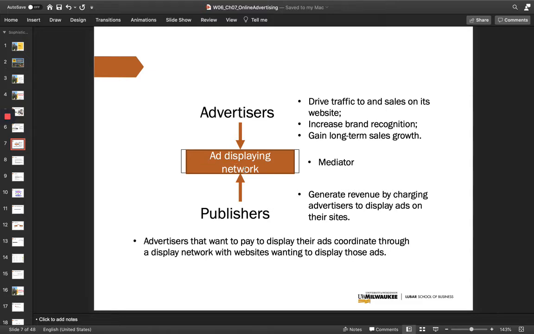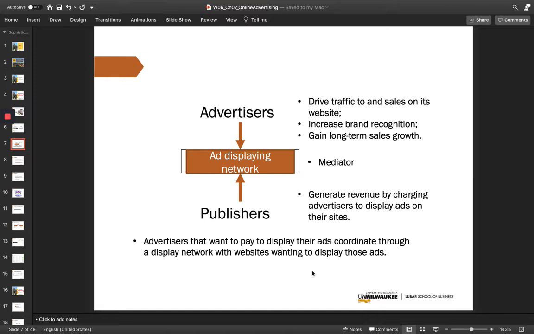Now, if we introduce the third party, the central party, the network, as a mediator to connect the advertisers and the publishers, we can see that everything will be much simpler.